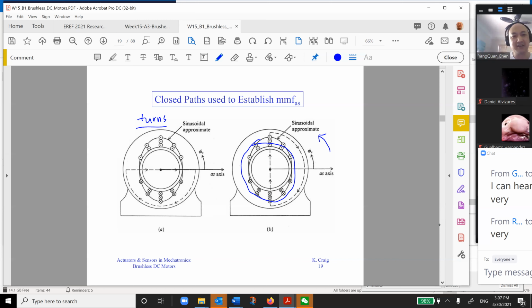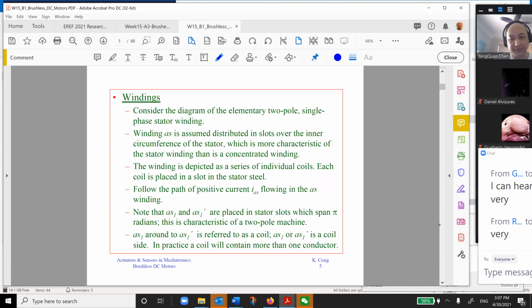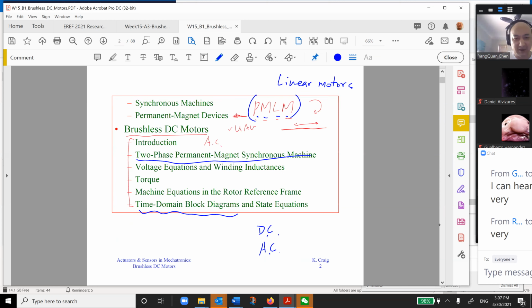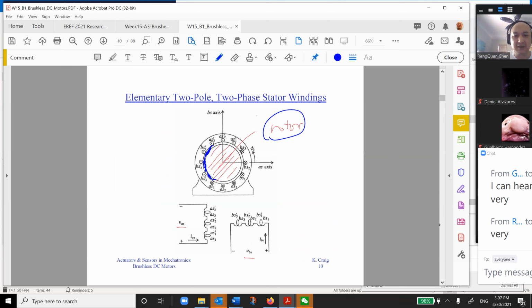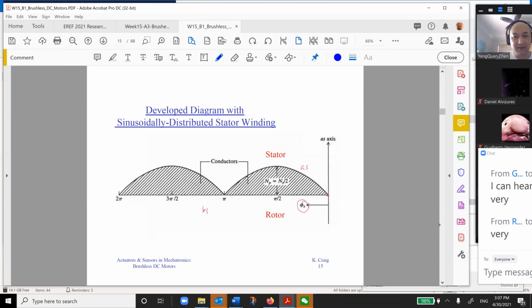That's exactly where we need the ESC, the control logic, an integrated circuit, so that the phases provided to the brushless DC motors will generate this rotating magnetic field.